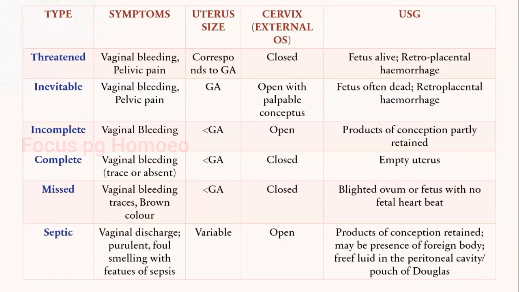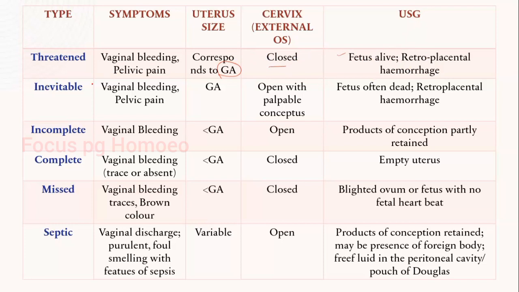So threatened abortion: symptoms are usually vaginal bleeding and pelvic pain, and uterus size corresponds to gestational age. The external os of the cervix is closed in threatened abortion. And when USG is done, the fetus is alive, and retroplacental hemorrhage may be present.